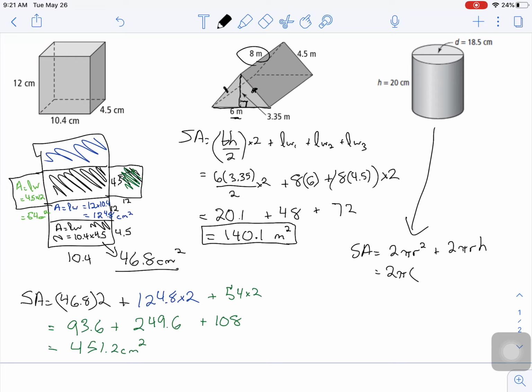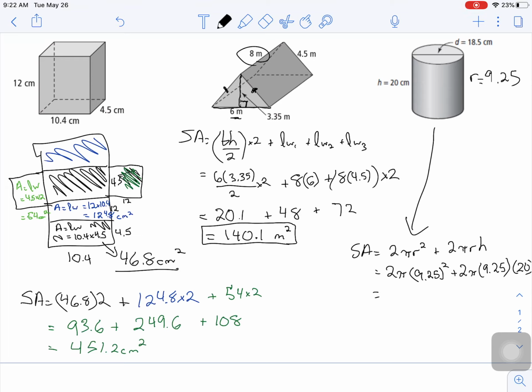The radius, well, we have the diameter, so radius is half the diameter, which should be 18.5 divided by 2, it should be 9.25. Why didn't I do that in my head? Feel silly now. So that's 9.25 squared plus 2 times pi. We know pi is 3.14 times 9.25 times the height of 20. And we could solve for this.